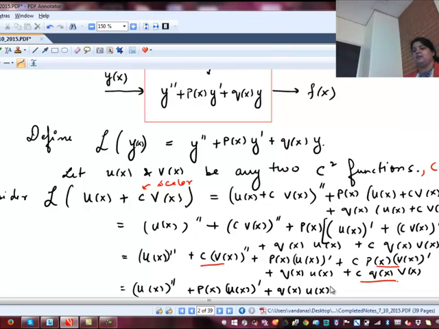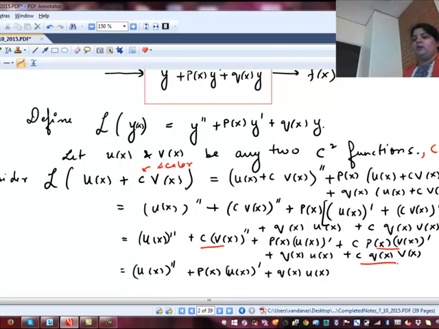So I collected the u terms, and I'm also collecting the v terms here, all the v terms. So collecting all u terms, this whole thing is nothing but what?